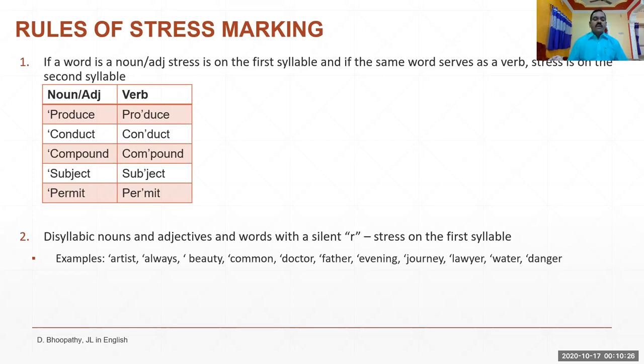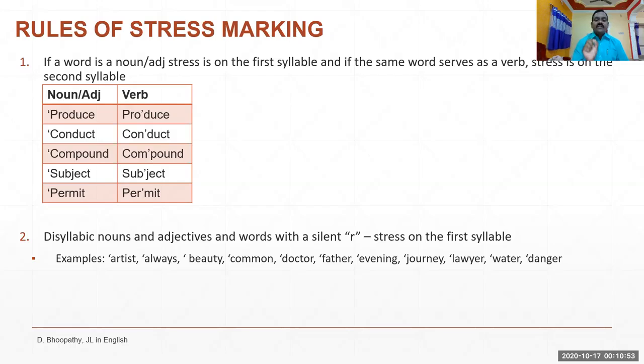Next, disyllabic nouns. The nouns which have two syllables or the adjectives which have two syllables. For example, artist, always, beauty, common, doctor. All these are first syllable stressed.